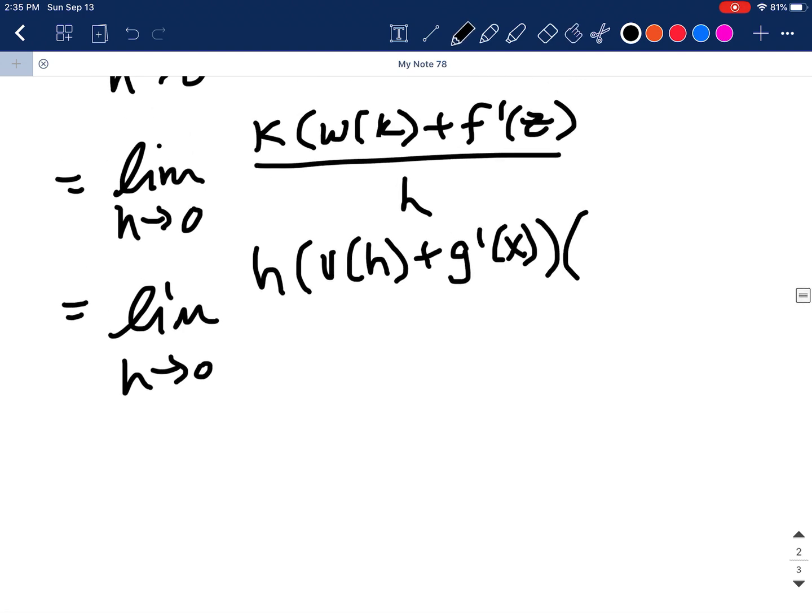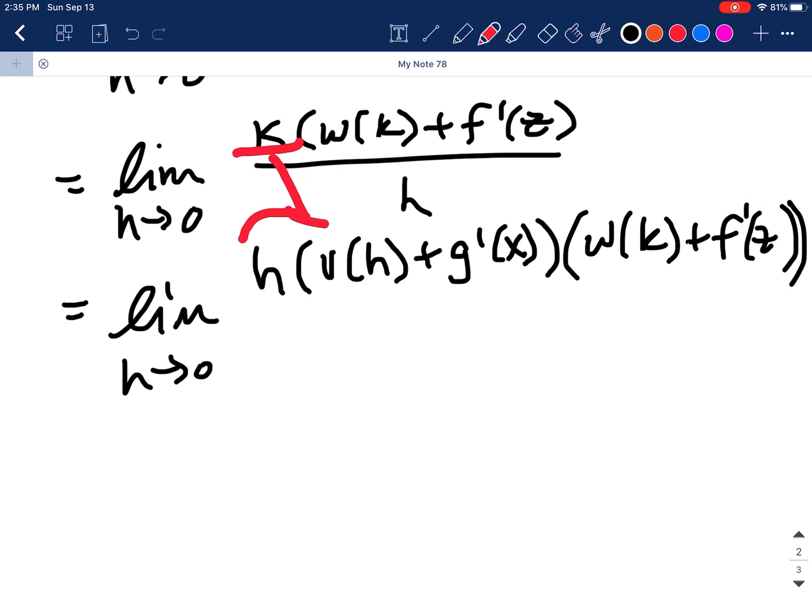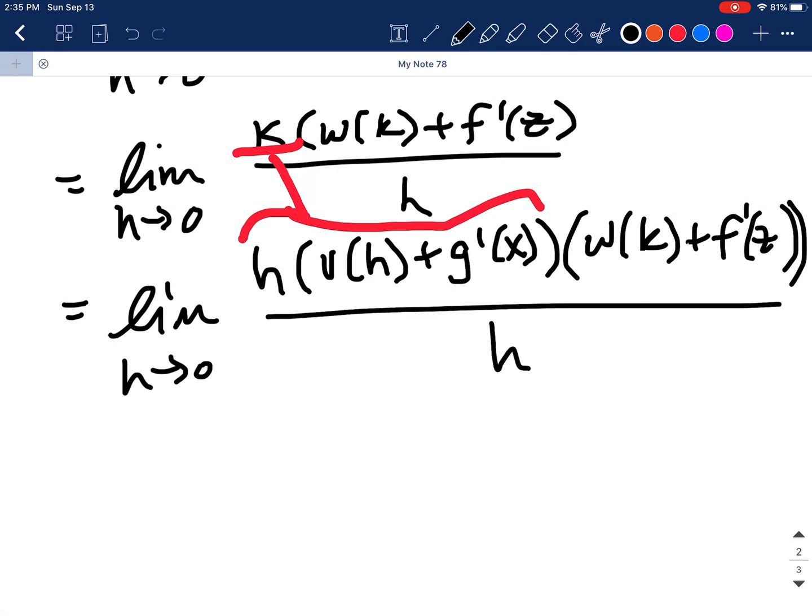And then times the remaining quantity w of k plus f prime of z. Okay, good. So we're just replacing k with what we defined it as. So all of that is really just k. But again, we'll see that this is going to result in some very nice cancellation.